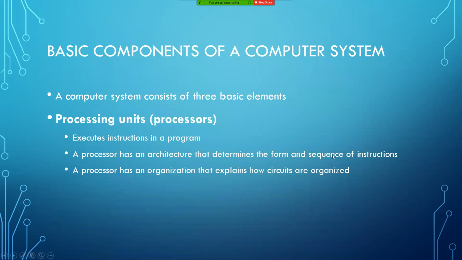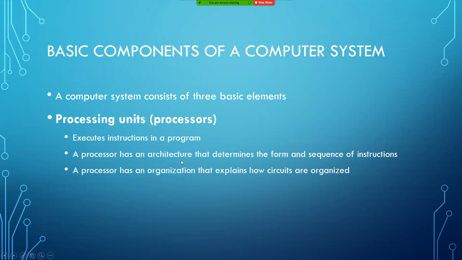Very shortly, we know that our processor is the first and foremost important part of our computer, and the only part where we actually execute the program. You know that a program is a set of instructions. We already know these two things: architecture and organization.